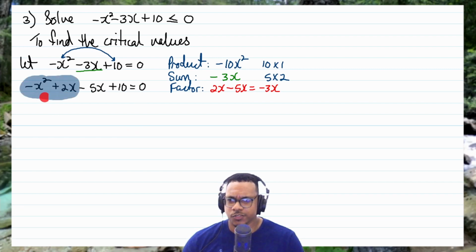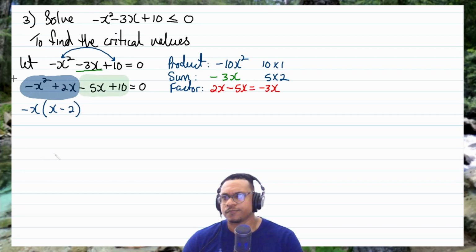So now I'll look at the first two terms, and this first term has a negative sign in front of it, so my highest common factor would have a negative sign in front of it. So I'll look to see what's the highest thing that can go into these two terms, and that would be x. So my highest common factor is -x. So I'll open brackets, and I'll say -x squared divided by x, and I'll get +x. Then I'll say +2x divided by -x, and I'll get -2.